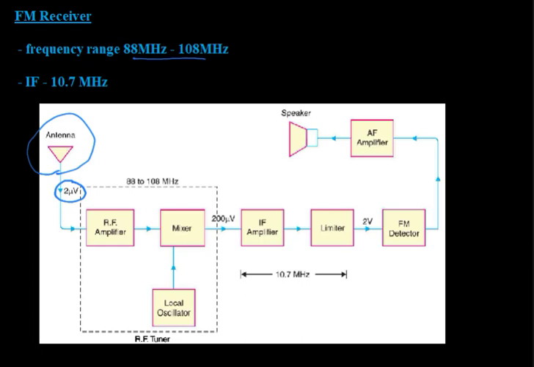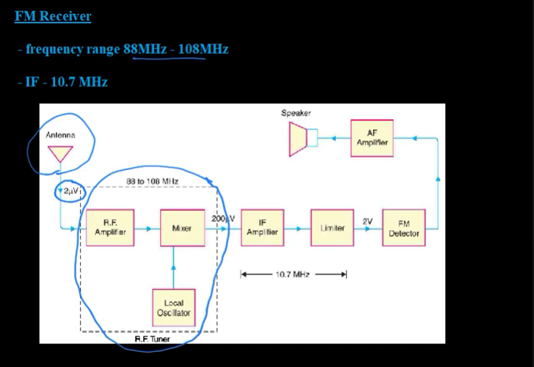The waves received by the antenna are fed to the RF tuner, that is the radio frequency tuner circuit, which consists of the radio frequency amplifier, a local oscillator and the mixer circuit. These parts are exactly similar to those of an amplitude modulated receiver, the AM receiver.